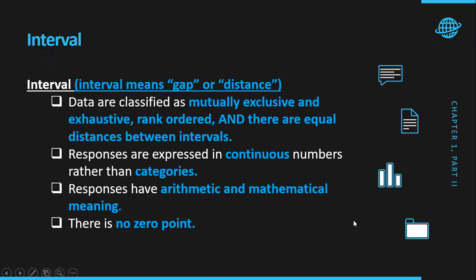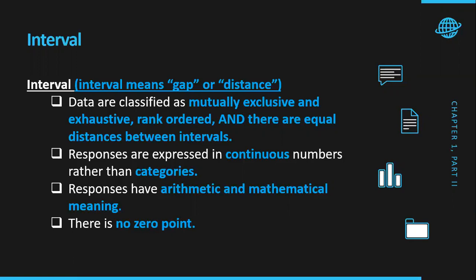Now let's look at interval level of measurement. One way in which to remember this is that interval means gap or distance. At the interval level of measurement, data are classified as mutually exclusive and exhaustive, rank ordered, and there are equal distances between intervals.